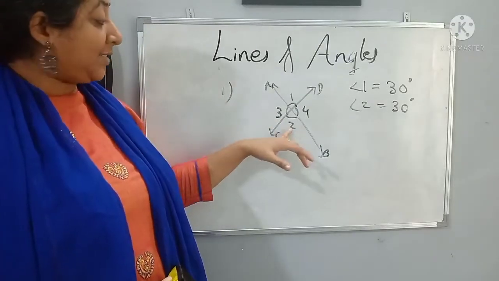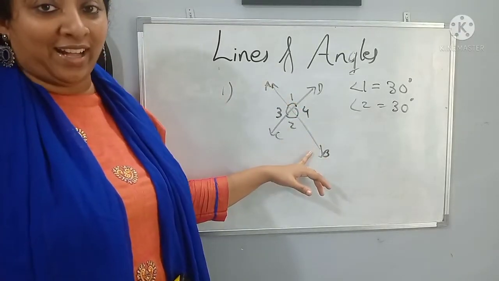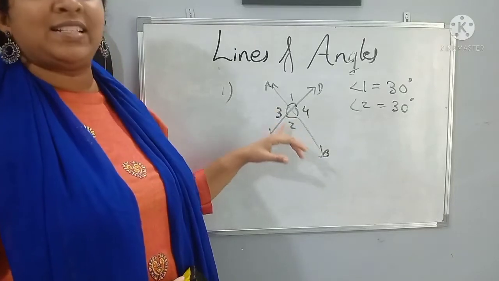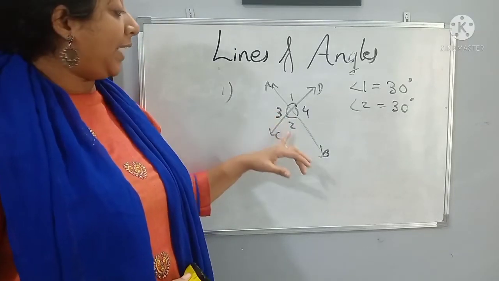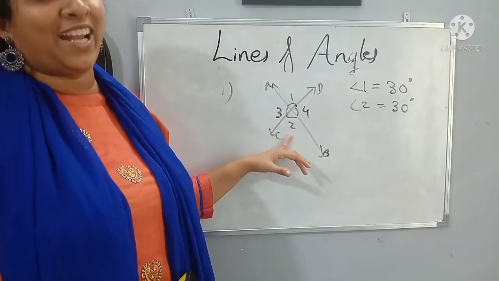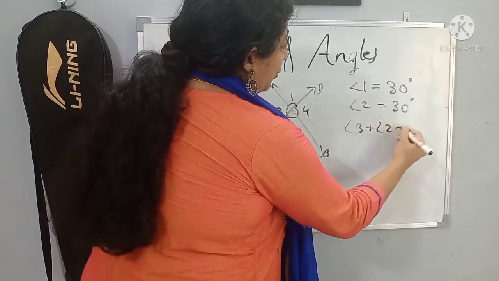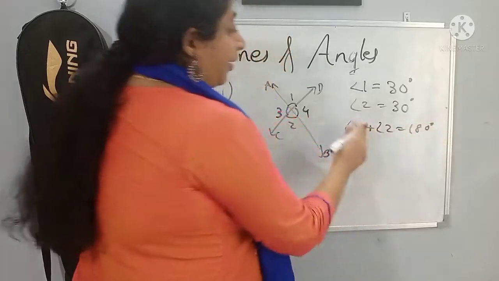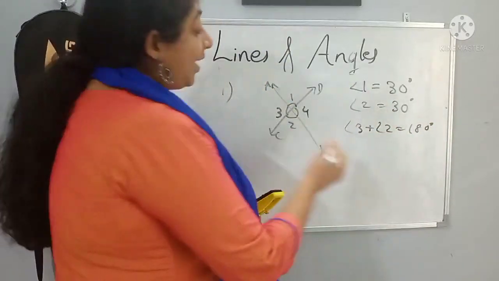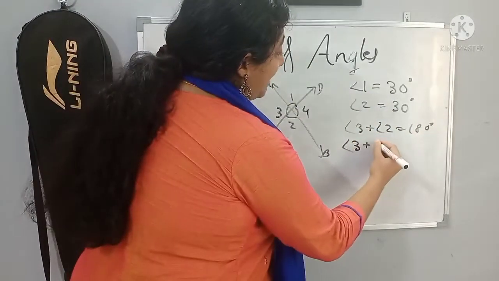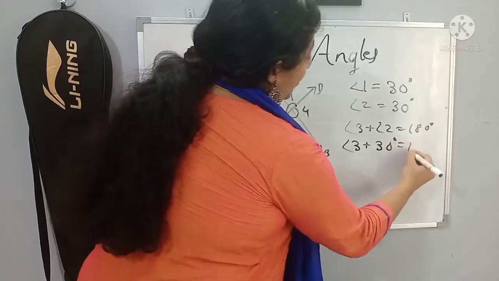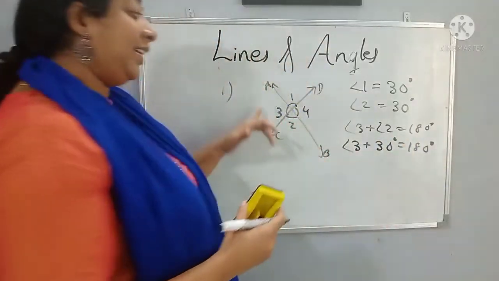These two angles form a straight line, so they are a linear pair. So angle 3 plus angle 2 will always be 180 degrees. You already know that angle 2 is 30 degrees, so angle 3 plus 30 degrees is equal to 180 degrees.